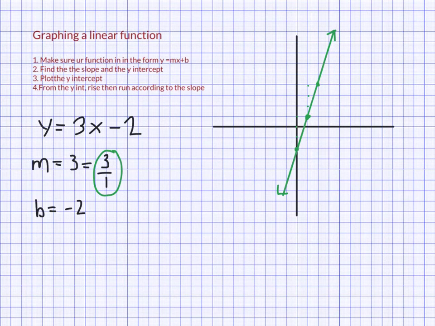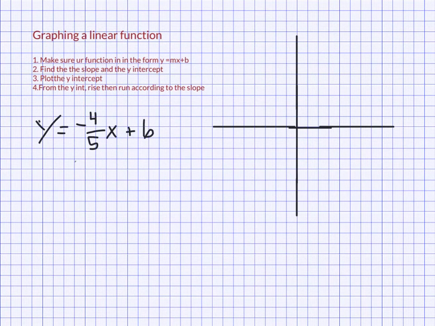So let's try the function y equals -4/5 x plus 6. Okay, so our slope is -4/5, and our y-intercept is +6. Okay, so we're going to start at +6 for our y-intercept.